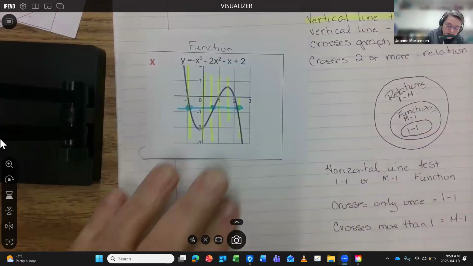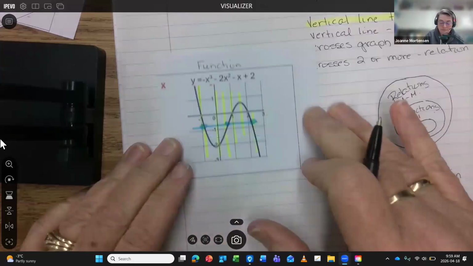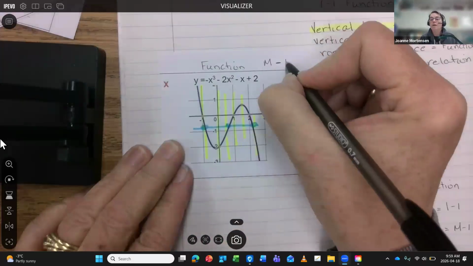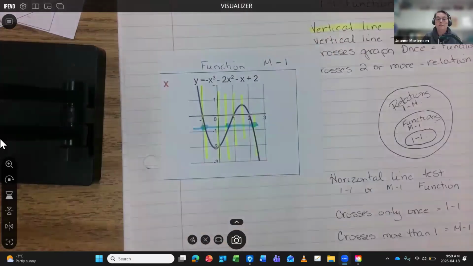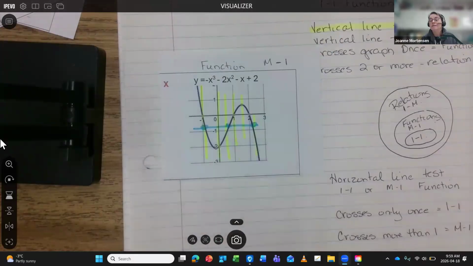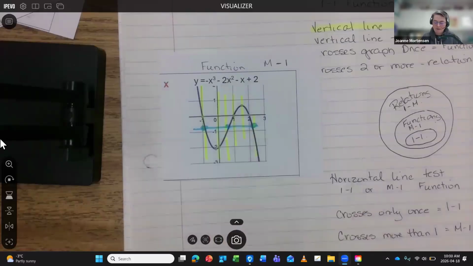That is a many to one. Cool. So parabolas and whatever whoop-de-doo graph that is. I don't know that the shape has a real name. We just call it a cubic equation. That is also going to be many to one.